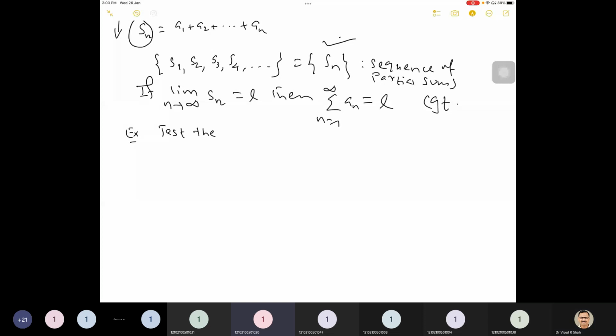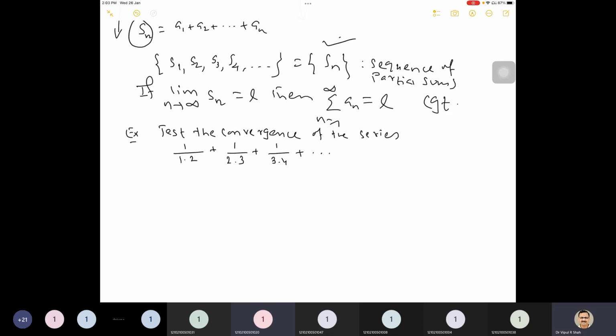Test the convergence of the series 1 over 1 into 2 plus 1 over 2 into 3 plus 1 over 3 into 4 and so on infinitely many times. We need to check whether this series is convergent or divergent.